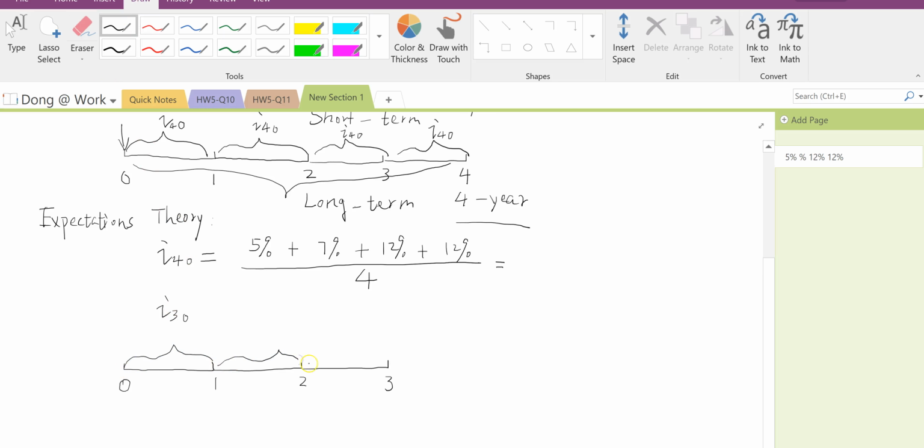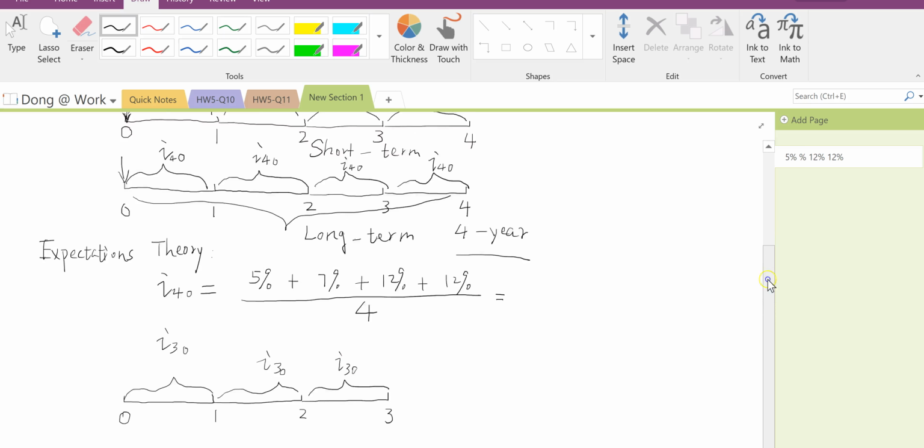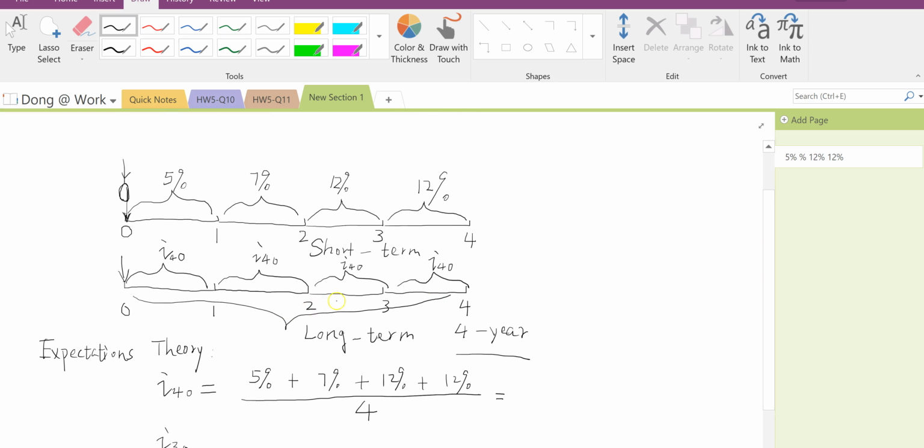can you guess what the symbol will be based on what we just talked about? Yes, I30. So this is I30. This one is not so beautiful. I30. Okay, so similar to what we did for the 4-year bond, if it's a 3-year bond, then only the first 3 interest rates are relevant.